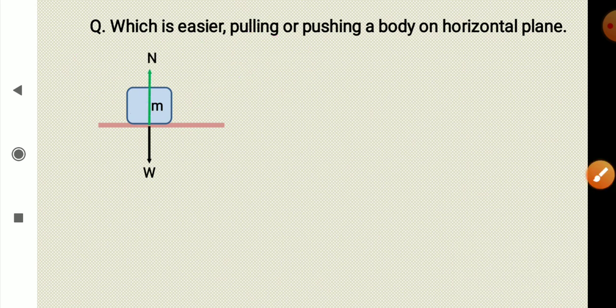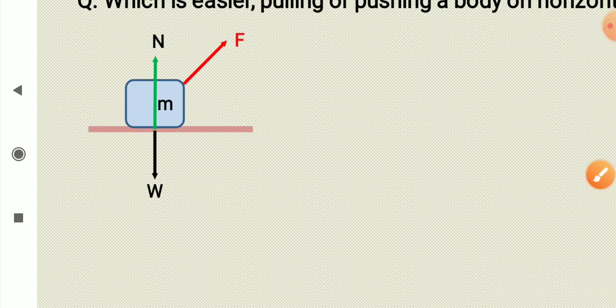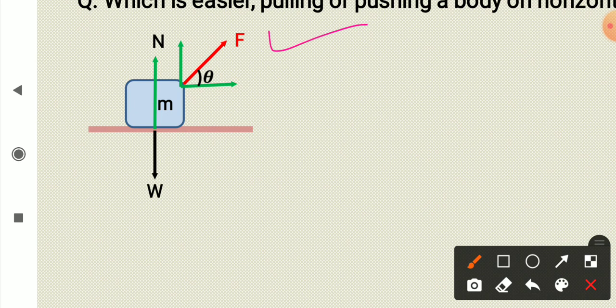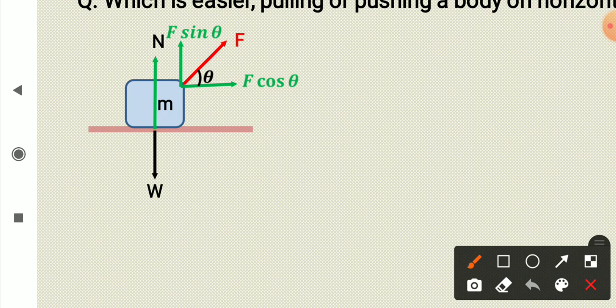Its weight is acting downwards, normal is acting upwards, it is being pulled with some force F acting at theta degrees with the horizontal, and then this force can be resolved along horizontal and vertical directions. So एंगल के साथ वाला कॉम्पोनेंट हॉरिजॉन्टल कॉम्पोनेंट F cos theta, एंगल से अवे वाला कॉम्पोनेंट F sin theta, right.